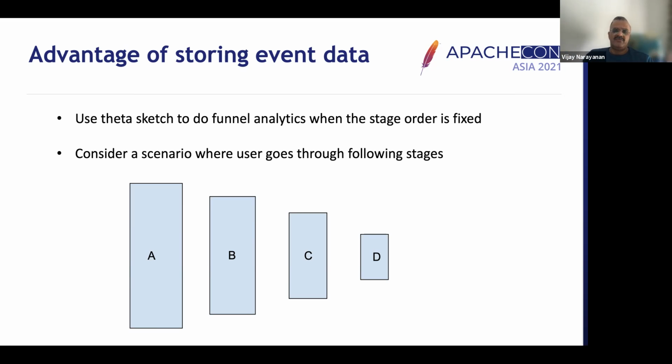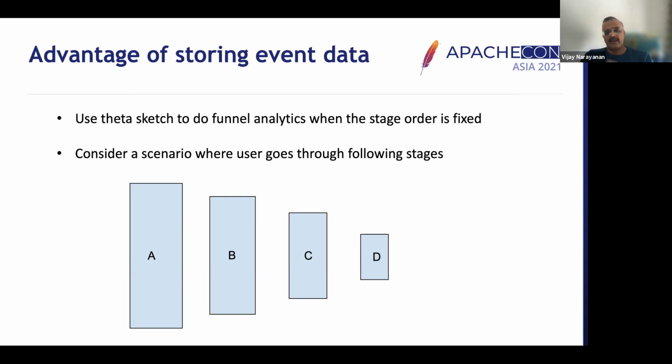Now, in Druid, funnel analytics works for scenarios where the funnel stages are pretty much fixed and users cannot go from, say, A to C and then come back to B. Right? Druid does not support that kind of funnel where the user's stage can arbitrarily change. The primary way of looking at funnels in Druid is a fixed transition.